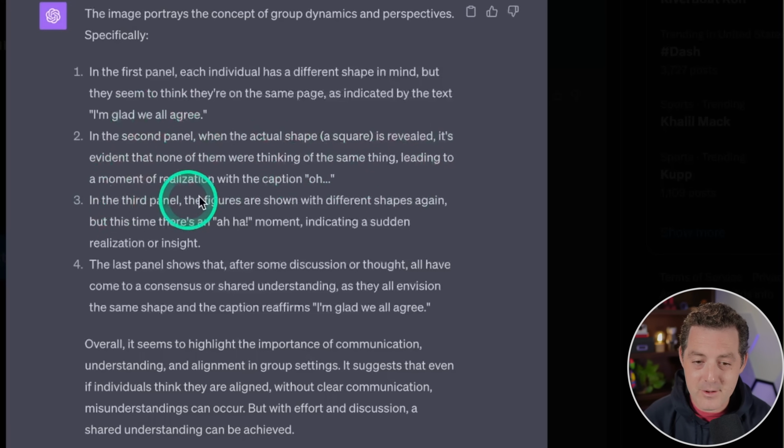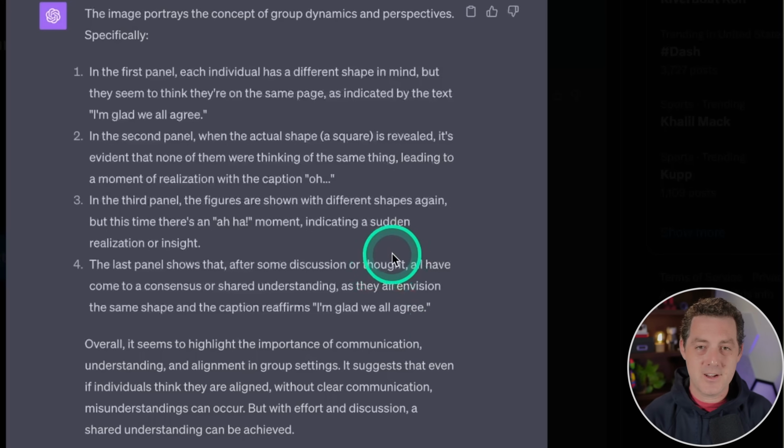In the third panel, the figures are shown with different shapes again, but this time there's an aha moment, indicating a sudden realization or insight. The last panel after that, after some discussion or thought, all have come to a consensus or shared understanding. So overall, it seems to highlight the importance of communication, understanding, and alignment in group settings. It suggests that even if individuals think they are aligned, without clear communication, misunderstandings can occur.